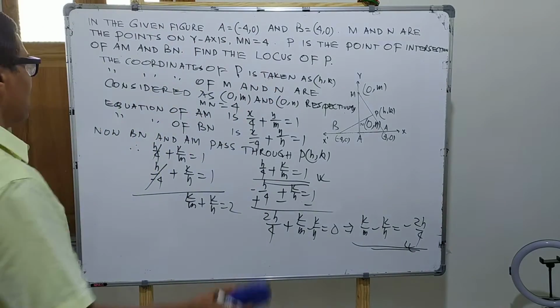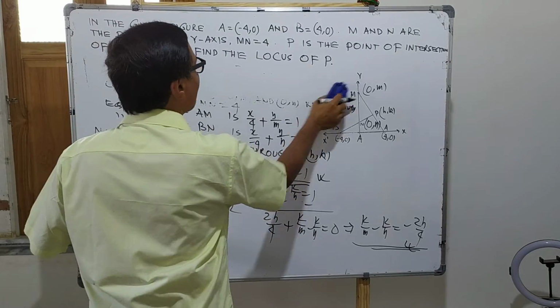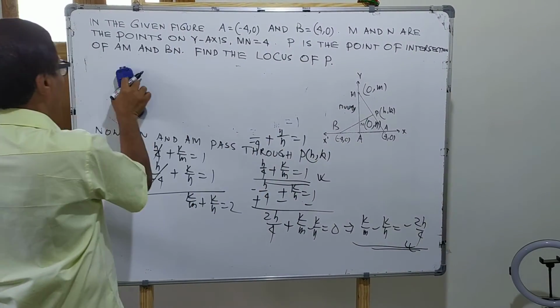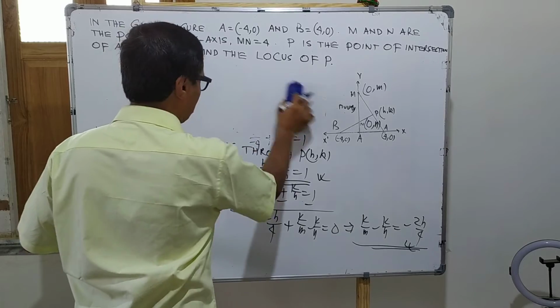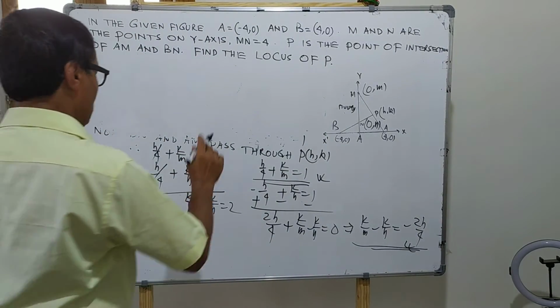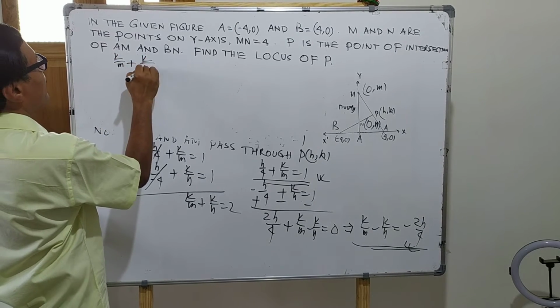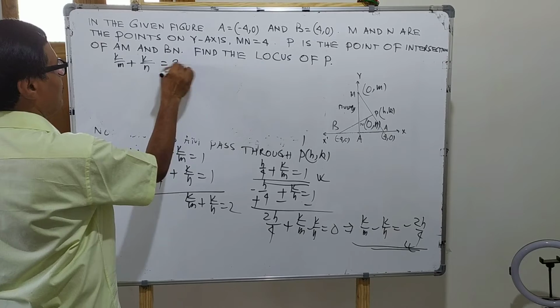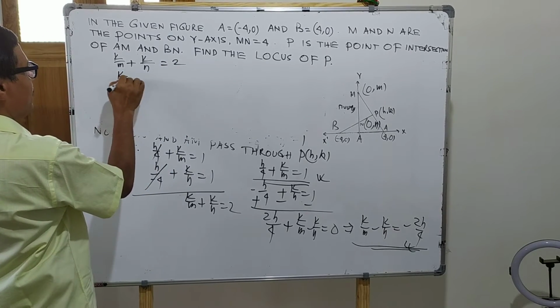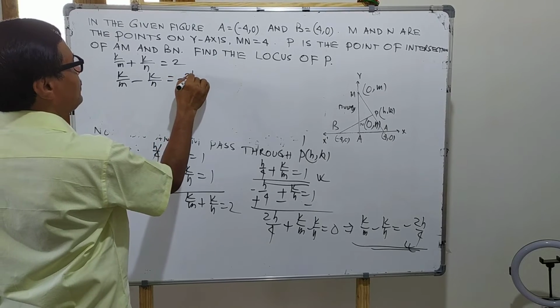Now these two simultaneous equations are k over m plus k over n equal to 2, and k over m minus k over n equal to minus 2h over 4.